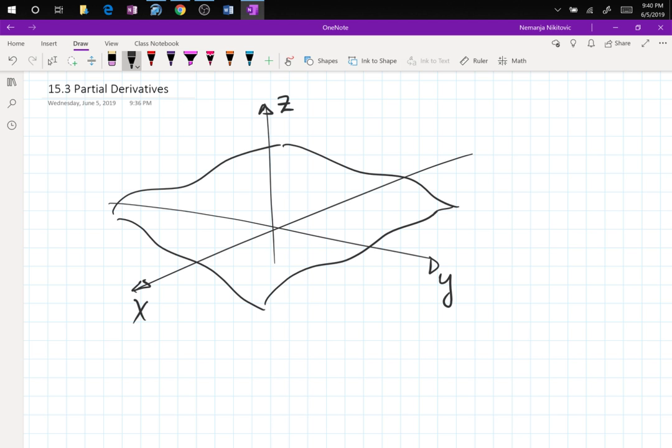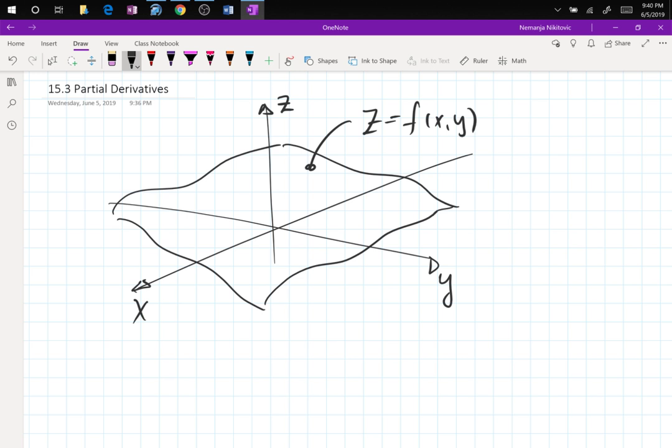We know that there is the x-axis and the y-axis and the z-axis, and we also know that this surface is given as z equals f of x, y, which is our multivariable function, x and y being the input.